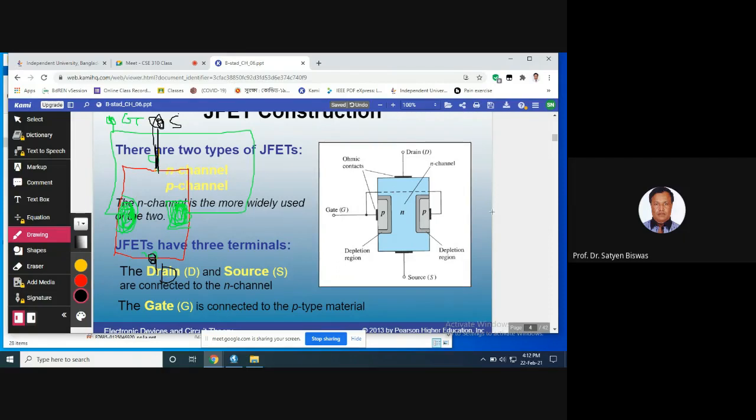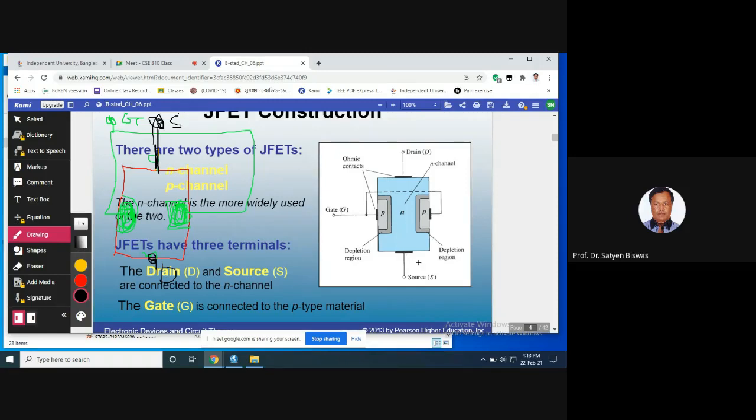Now you see this construction. If you consider the current flowing from P to P, it looks like a PNP transistor. But you see the two P's are actually short circuited. In the case of BJT, the two P's would be the emitter and collector, and the N inside would be the base.